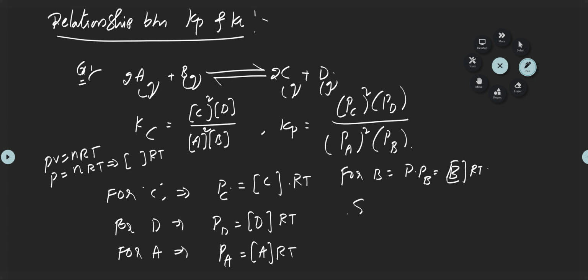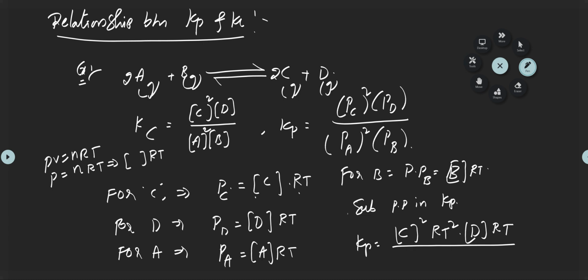So substitute partial pressures in Kp. Then Kp is equal to, this is the formula, Pc square. Pc is nothing but concentration of C into RT, so concentration of C square into RT square. Pd means concentration of D into RT, by, next partial pressure of A, concentration of A into RT square.